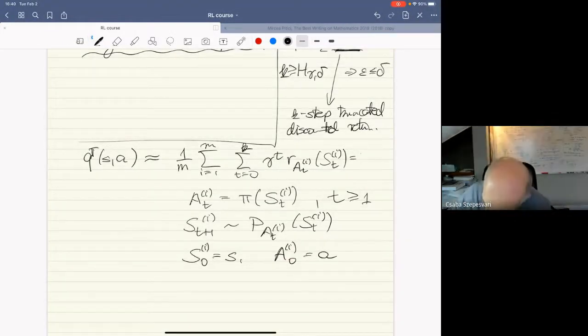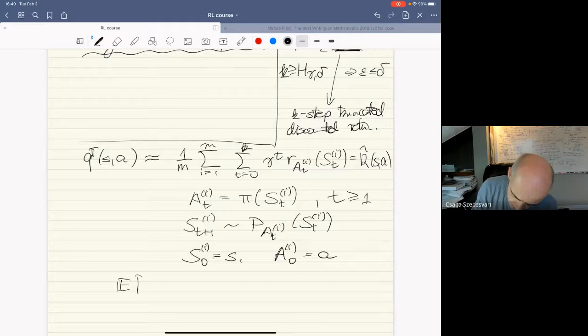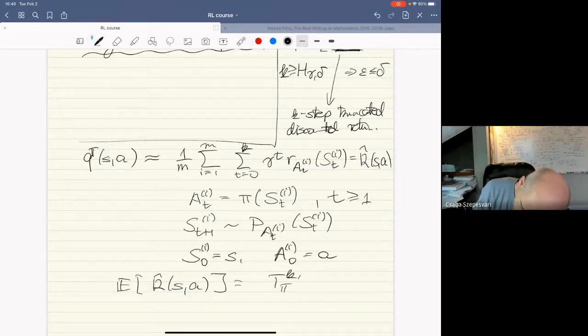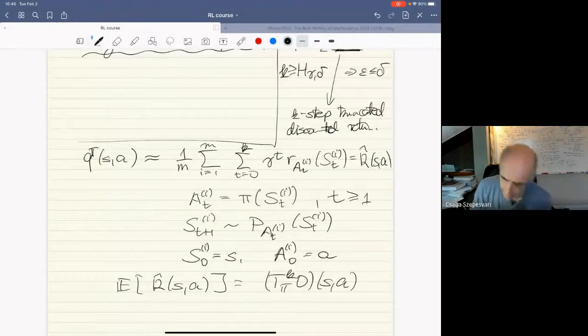So if I call this R hat SA, then the expected value of R hat SA is just this operator applied k times on 0, and its value taken at SA.